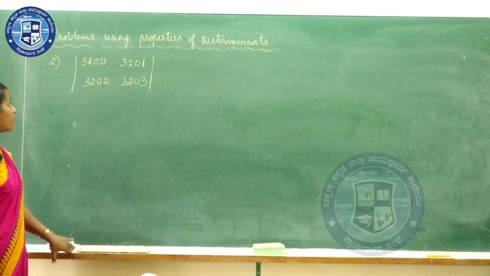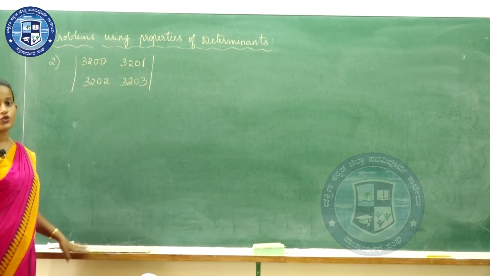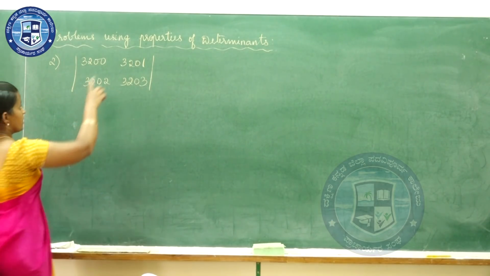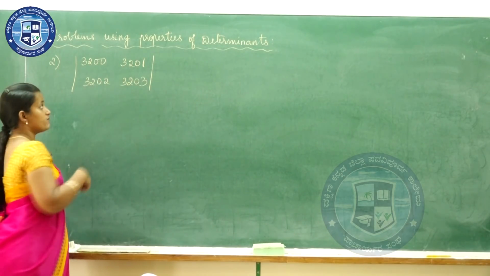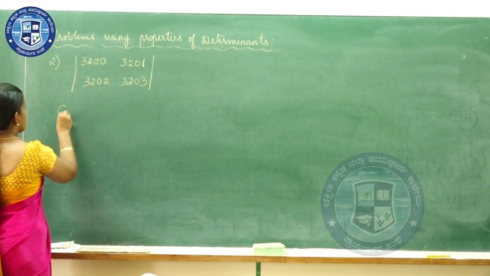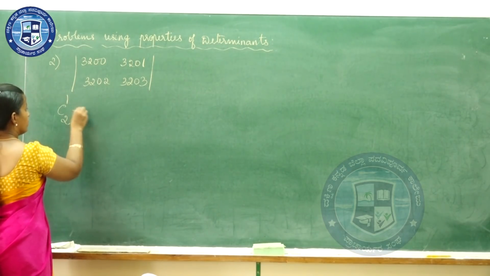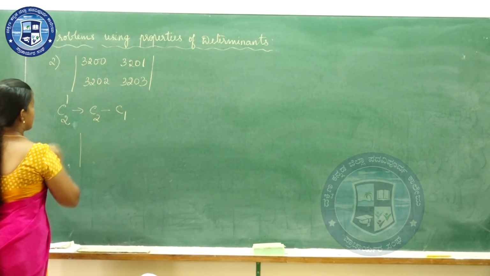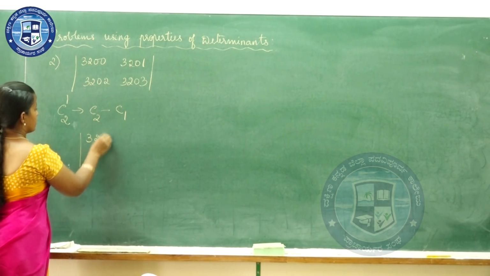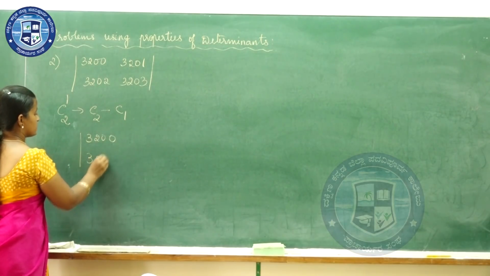Second question, evaluate this determinant. So, we shall use property 6. If you observe, the difference is 1 between the columns. So, I will use the column operations. I will replace the second column with column 2 minus column 1. What will I get? First column I am not changing. So, I will keep it as it is.